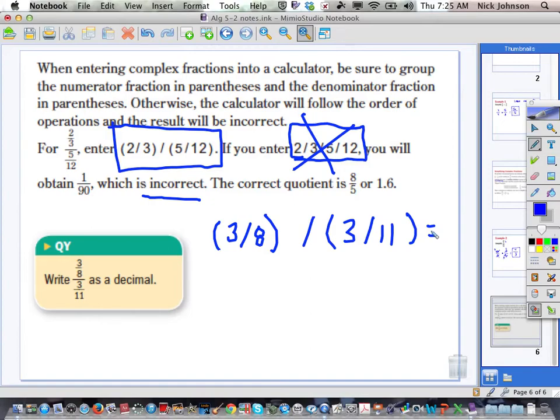So I'm assuming right now you are typing this in on your calculator, as you should be. 3 divided by 8. I'm not going to show you because I didn't bring up my calculator. Divided by 3 divided by 11. And that's going to give me 1.375. Please check that on your calculator and make sure that you did it correctly.